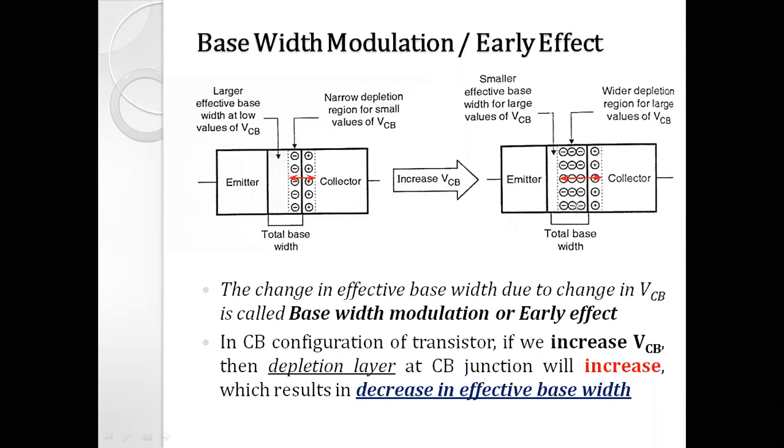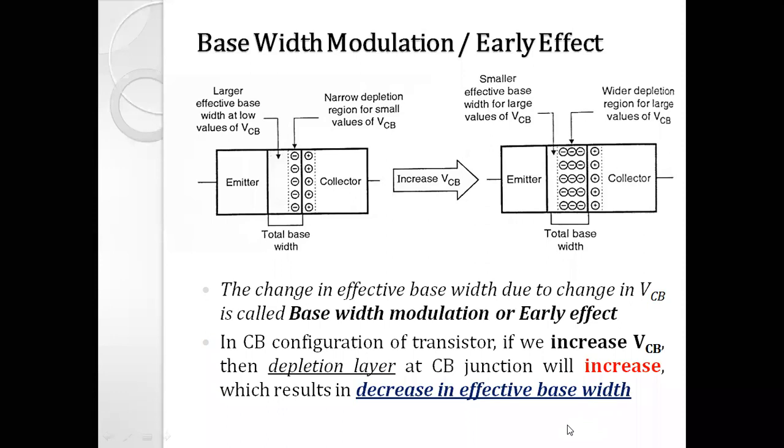Because of that, what happens to the width of the base region? Here you can see that the width of the base region is very small when VCB is increased. But with a lower value of VCB, the effective base width is large. It means that if we keep on increasing VCB, the effective base width reduces.